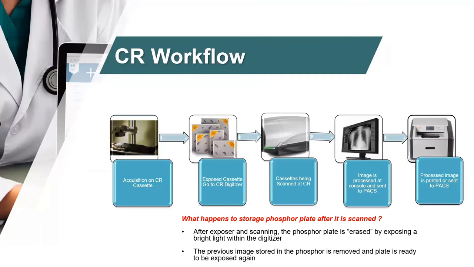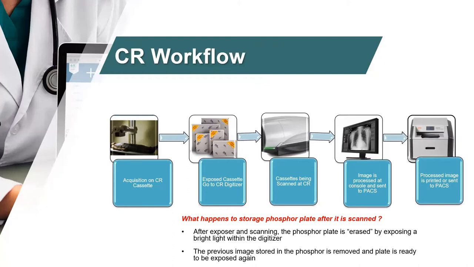CR workflow. As you see in these images, the first image shows that we acquire the image in the CR cassette in the room. There is an X-ray system. You expose the patient, whatever part is required, and the image is captured on the cassette, and the cassette is transferred to the digitizer, where the cassette is placed in the digitizer.